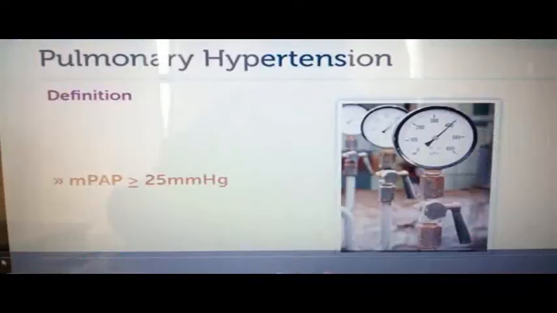And pulmonary hypertension, as I briefly defined it, is an increase in right side systolic pressure or mean pulmonary arterial pressure of more than or equal to 25 millimeters of mercury, because the normal is supposed to be between 18 and 25 millimeters of mercury, as measured invasively by right heart catheterization, which I've actually explained.